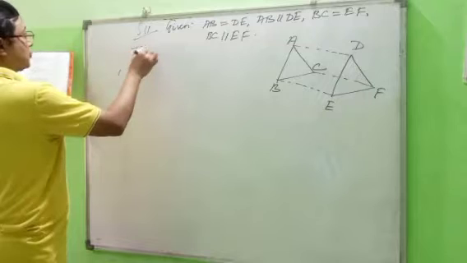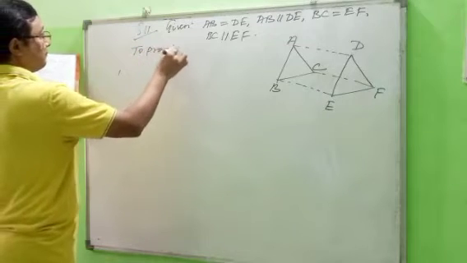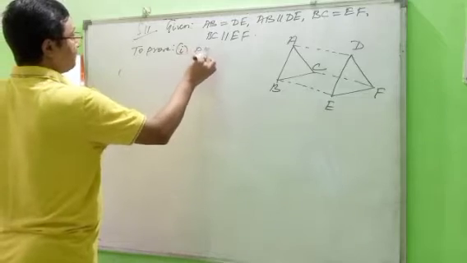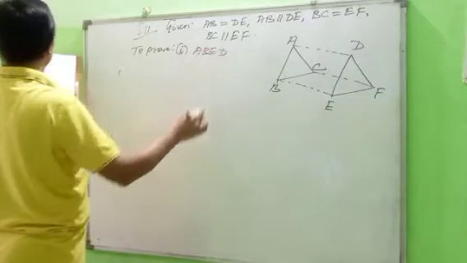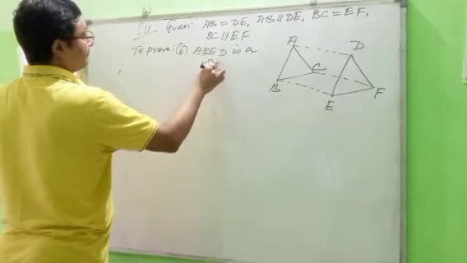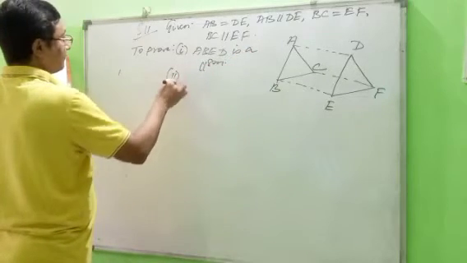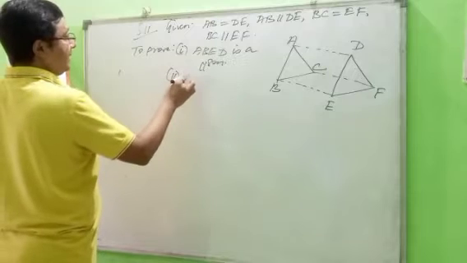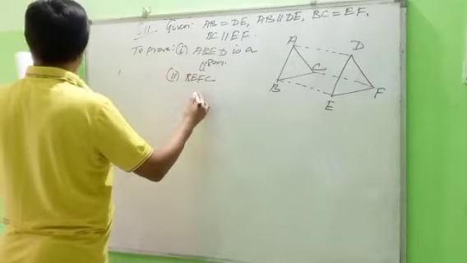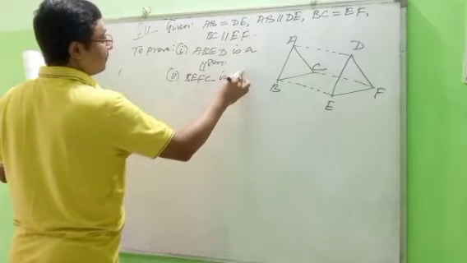Now to prove, so here 1 is given that ABED is a parallelogram. Number 2, DEFC is a parallelogram.